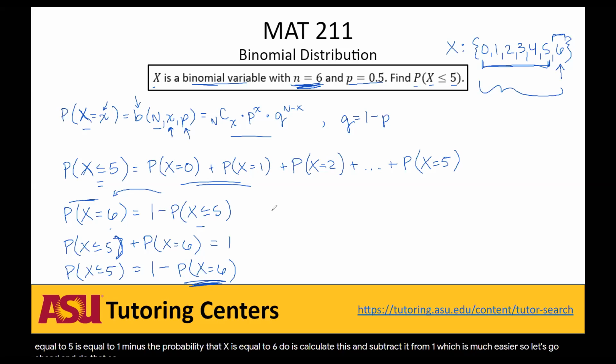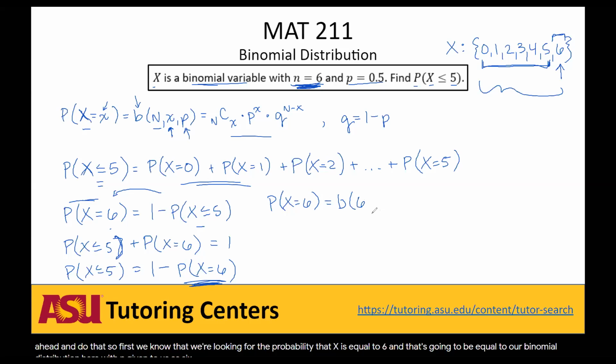So first, we know that we're looking for the probability that x is equal to 6, and that's going to be equal to our binomial distribution here with n given to us as 6. Our little x here, well, that's going to be our 6 because that's our target number of successes. And p, which is given to us as 0.5.